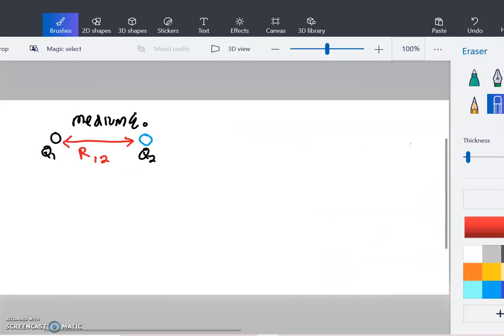Yes, we continue. Here you have a point charge Q1 and a point charge Q2. Let's take the example where the distance from 1 to 2 is this. Let's say we use a medium of permittivity of free space.